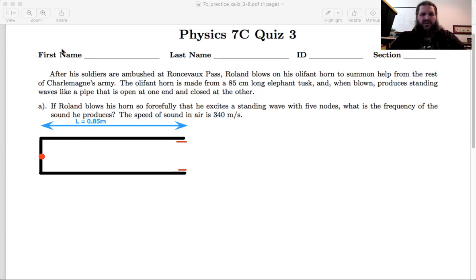Nodes and antinodes are going to be alternating, so we go from node to antinode to node to antinode, and so on. If we want to fill these in, we're going to need a total of 5 nodes. We've already got 1, so we just need 4 more. Those should be equally spaced. I might need to modify that a little bit.